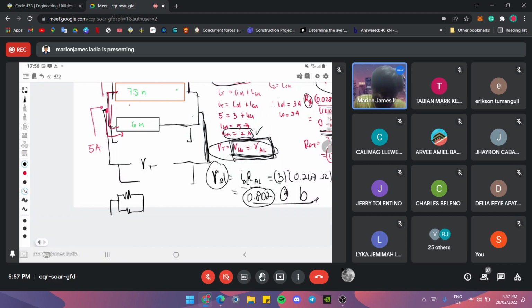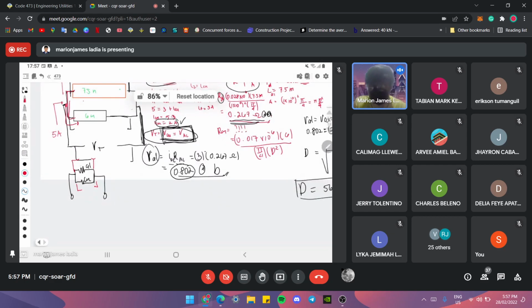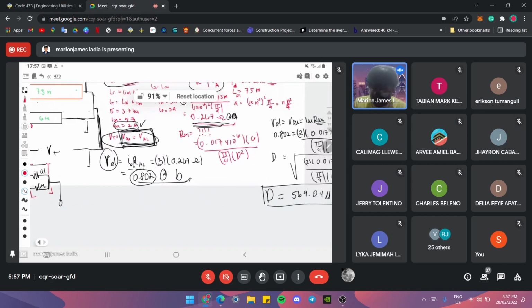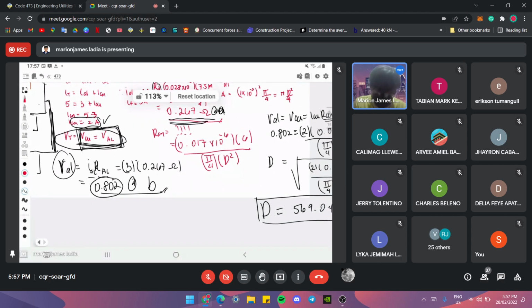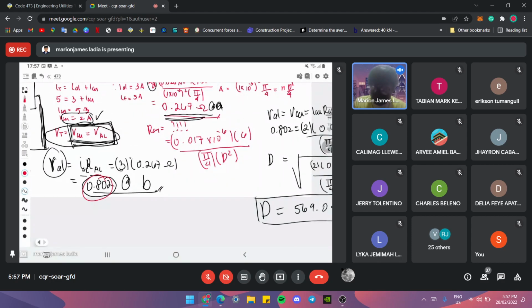Okay? So yan. So ito yung aluminum natin, ito yung copper natin. So, yung voltahe ng copper natin, ng aluminum natin, is same as the voltahe ng copper natin because they are connected in parallel. So upon using that property, I can solve for the value of my copper which is equal to 0.802 which is also equal to my aluminum.